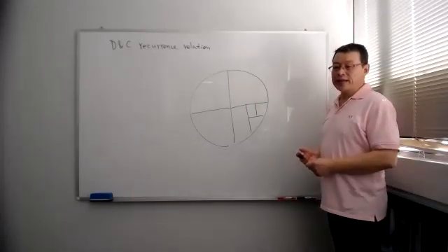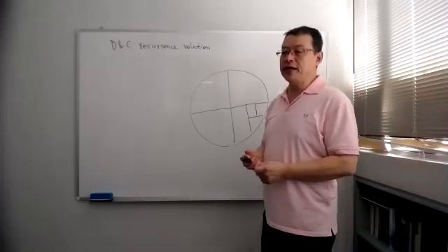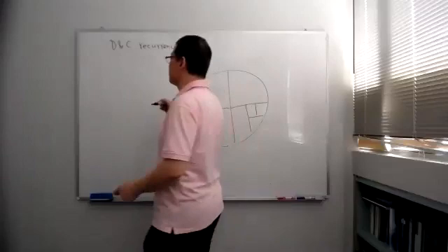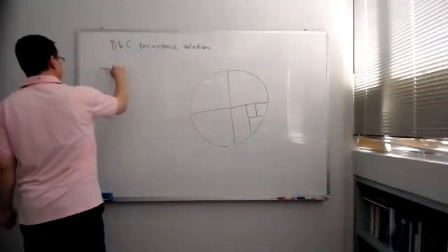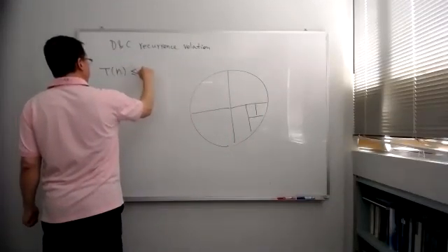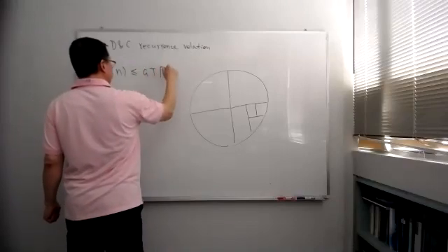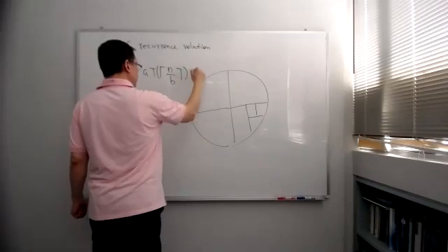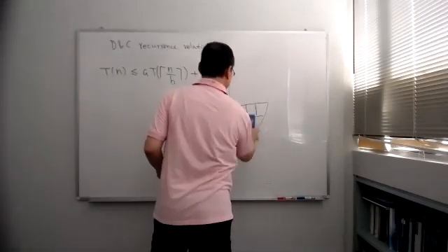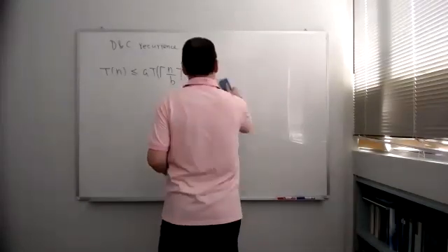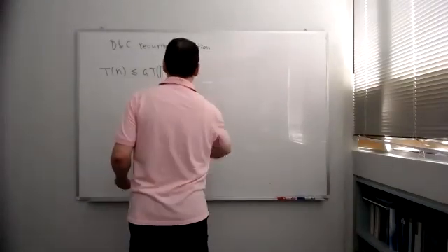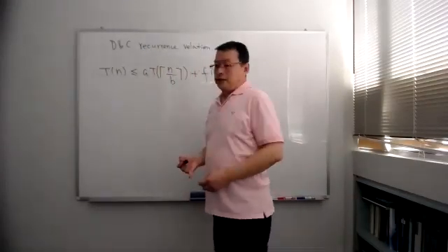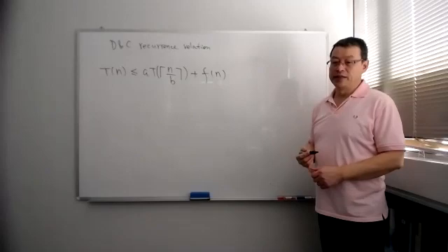Then in terms of running time, typically we will get a recurrence relation such as the following. So we get a recurrence relation like this.